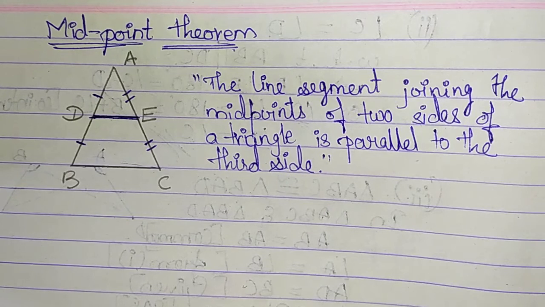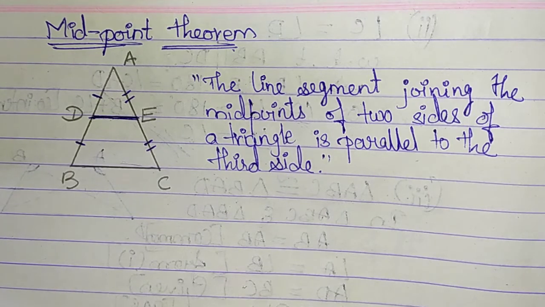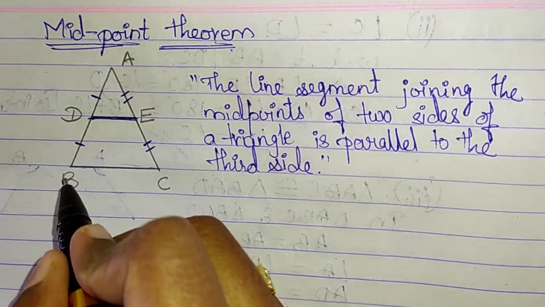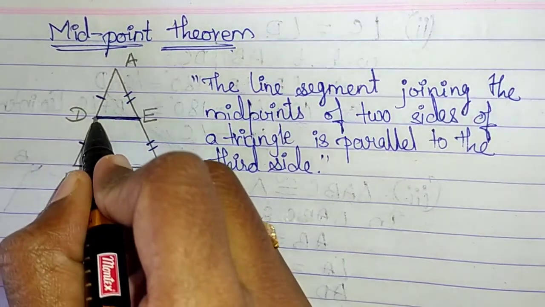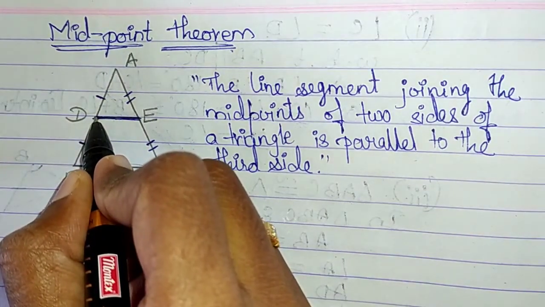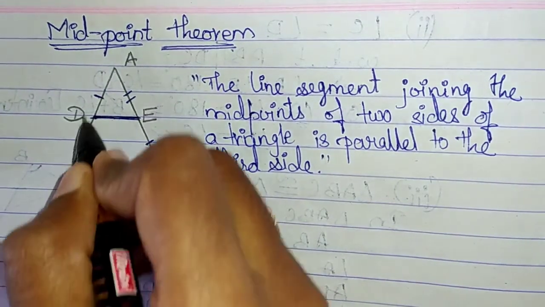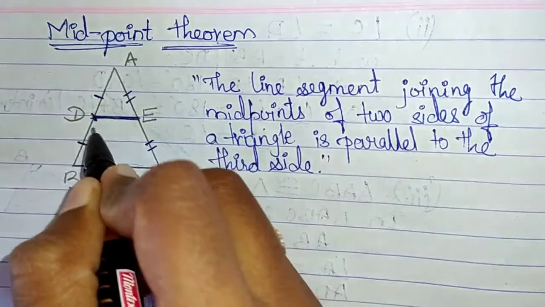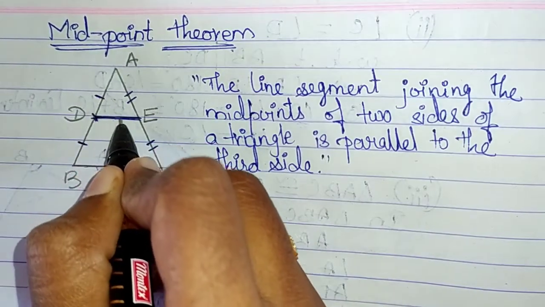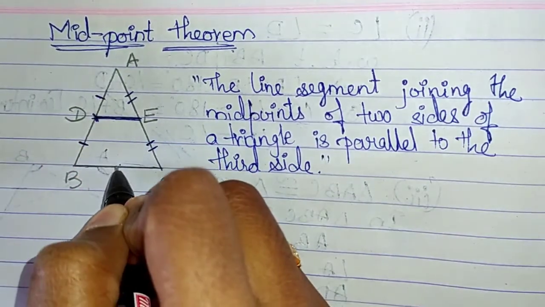Conversely, if we state the theorem in reverse order, then we can say that the line drawn through the midpoint of one side of the triangle parallel to another side bisects the third side. So this is the midpoint. We are drawing a line through this midpoint which is parallel to the second side.